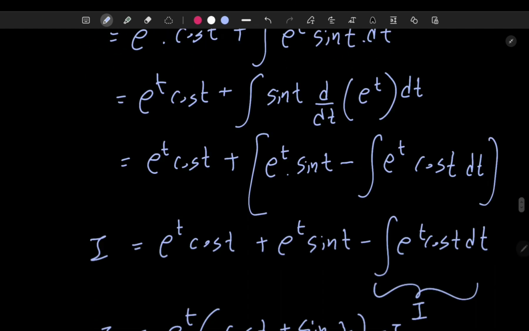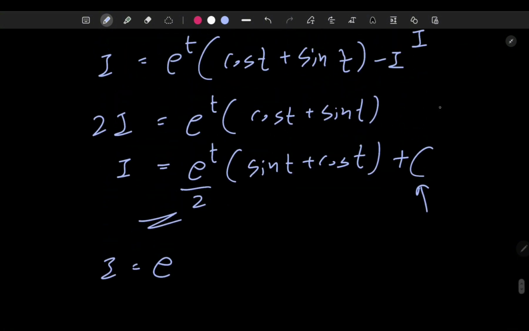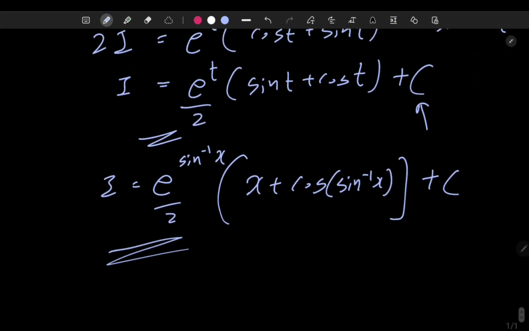Sin inverse x is t. Now I'm going to substitute here, e to the sin inverse x over 2, sin t is x, right? Plus cos t, which is cos of sin inverse x, plus c. This is the solution.